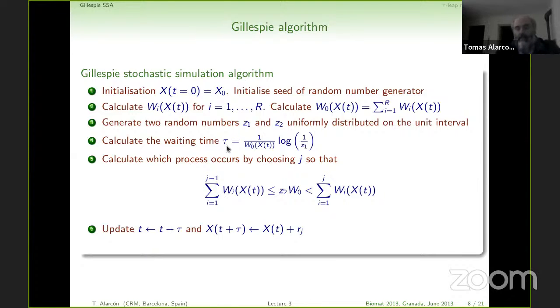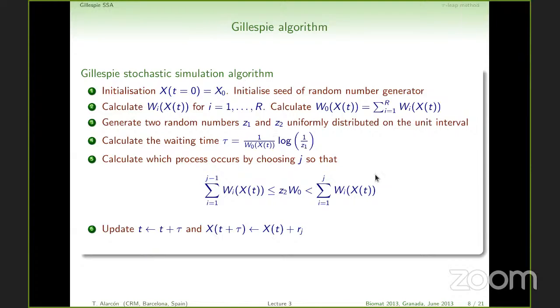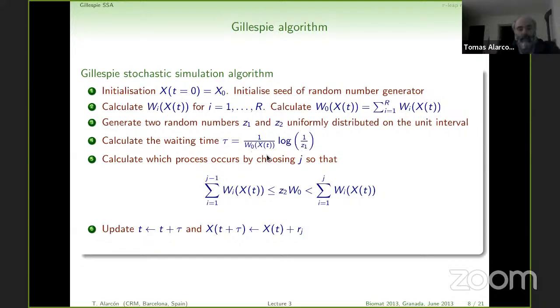If, for example, you're using MATLAB, you can just use whatever sampling algorithm they have to sample the exponential distribution, but you can also just program it directly using this formula.